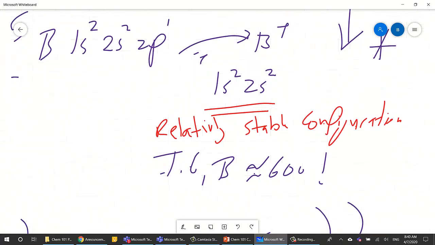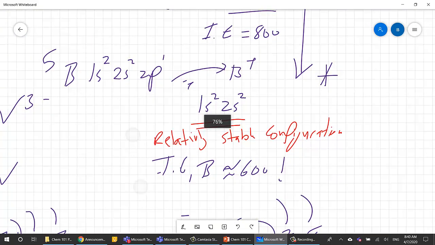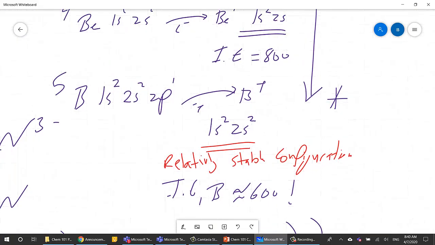But now suddenly the ionization energy decreases for boron, and that's because forming a monovalent ion for boron will get you into a relatively stable configuration of 1s2 2s2, and therefore it's like boron will give you a discount here. It doesn't want you to pay $1,000, it just wants you to pay 600.